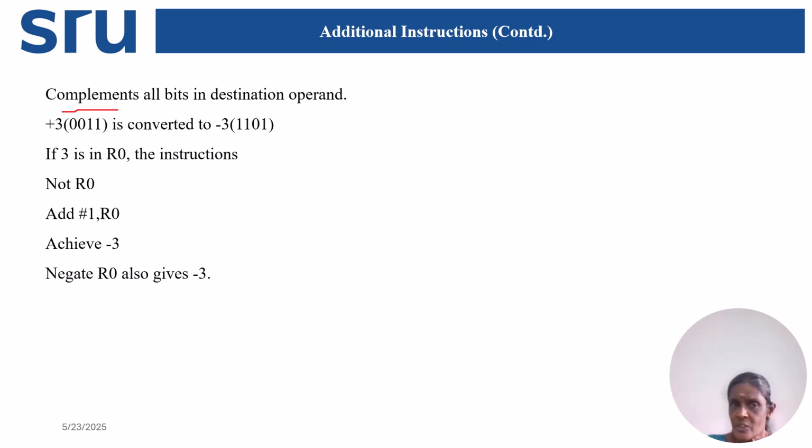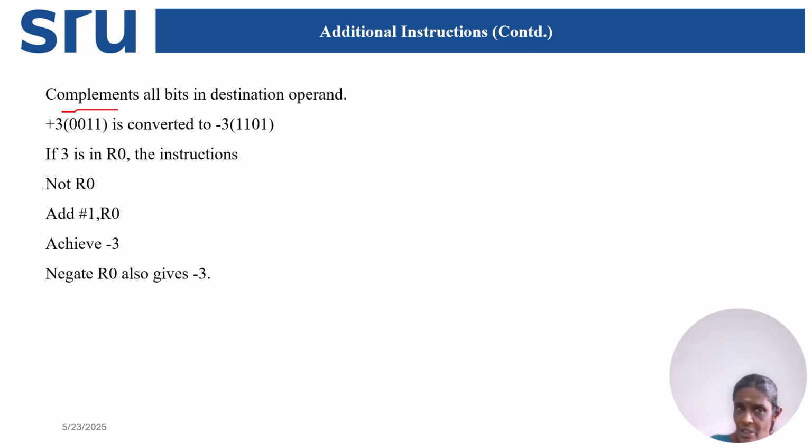So in digital electronics, how will you get a minus number? We have to take the ones complement. Ones complement means all zeros are changed to 1, all ones are changed to 0. For indicating the negative number, we have to add 1 to the LSB of the ones complement, so that we get the 2's complement. 2's complement is nothing but the negative of the number.